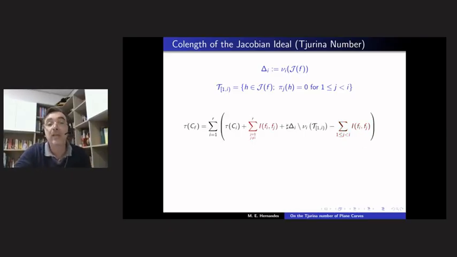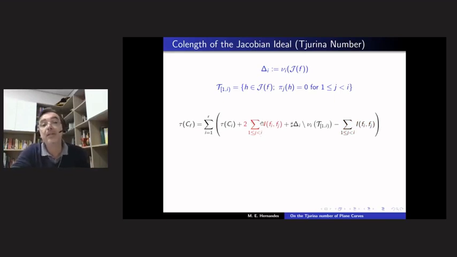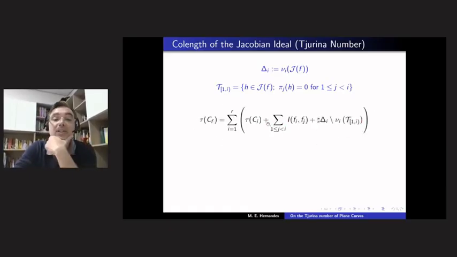So we can expand this sum, and we obtain 2 times the last one. So we obtain this expression for the Tjurina number in terms of the Tjurina number of each branch, the sum of the intersection multiplicity plus this number.